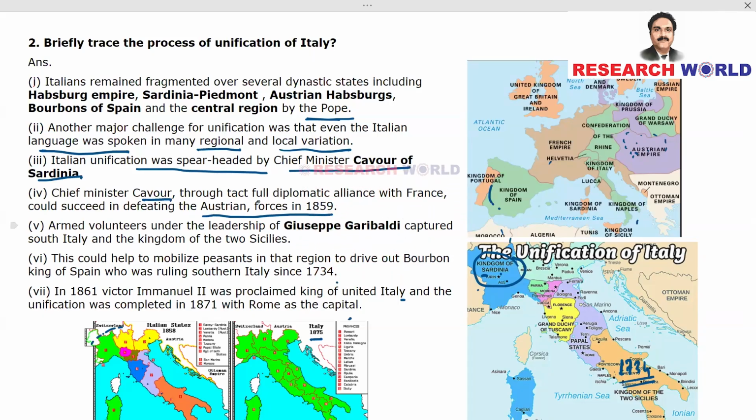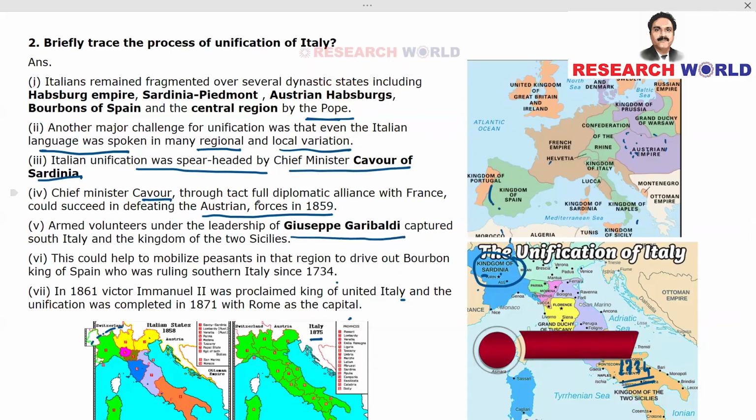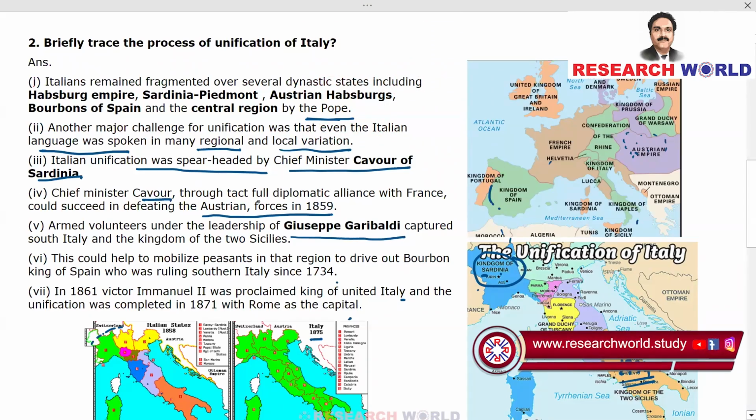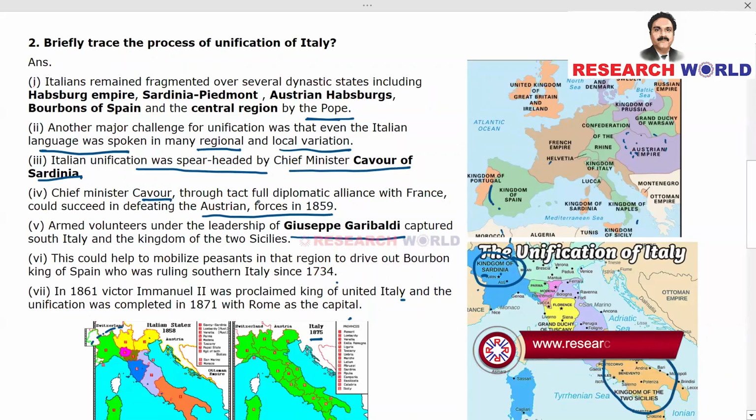Armed volunteers under the leadership of Giuseppe Garibaldi captured South Italy and the Kingdom of Two Sicilies. So this part was captured, that is the southern part of Italy.